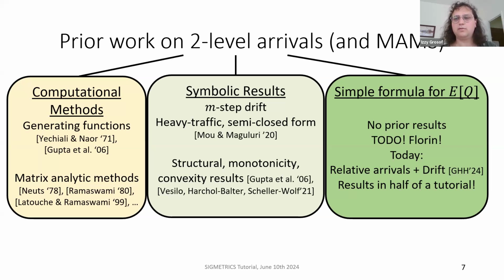So some nice results there, different inspiration, different approach to ours, and more specific to the two-level arrival system. Our intent is really to get a simple formula for mean queue length. It's going to generalize to the full MAMS system. But it's some very nice results and ones I didn't know about before giving this tutorial the first time.